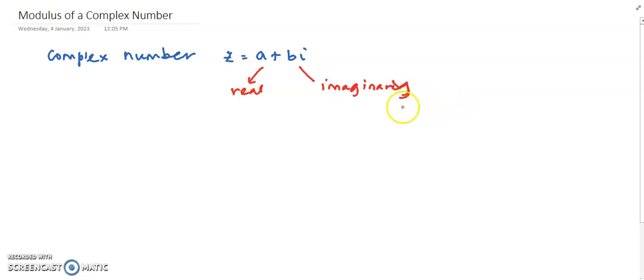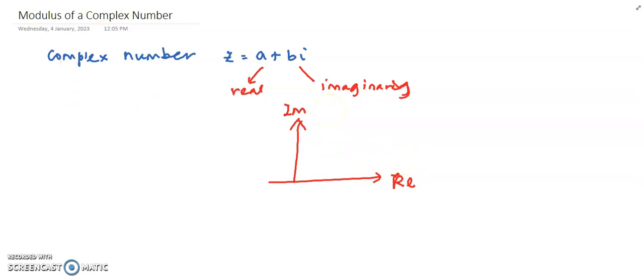And the modulus is actually to find the length of z, as z can be represented in an Argand diagram, where it's more or less the same as a Cartesian plane, but the x-axis is representing the real part and the y-axis representing the imaginary part.